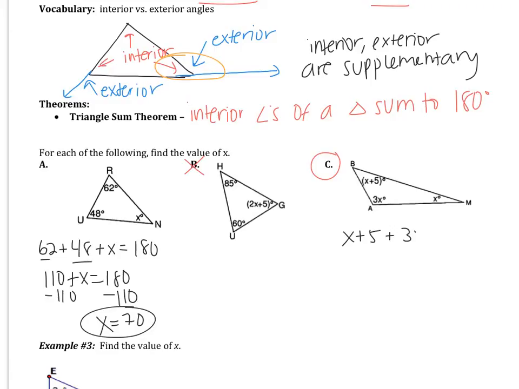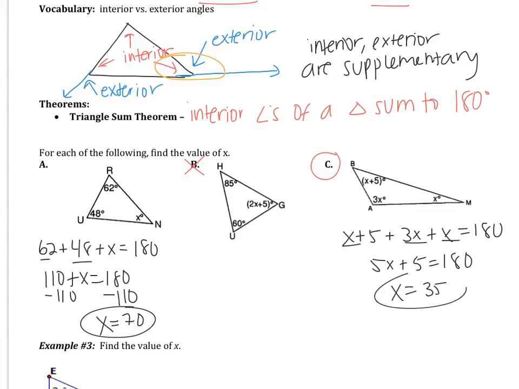So I have x plus 5 plus 3x plus x equals 180. x, 3x, and x will give me 5x plus 5 equals 180. So you get x equals 35. So hopefully you got that. If not, hopefully you see what mistake you made. We are going to skip B, but you are welcome to do example B if you would like. If you end up completing example B, you should get x equals 15.